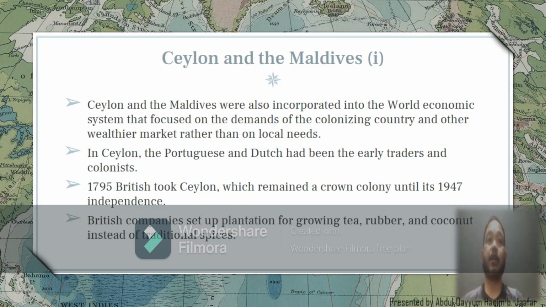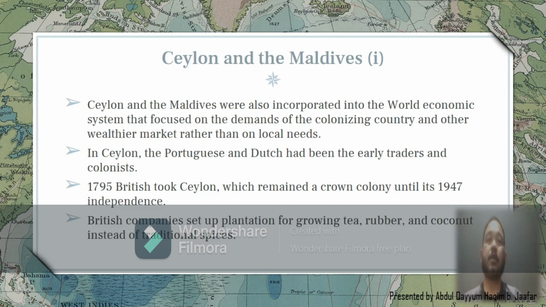Ceylon and Maldives. Okay, the first point is that Ceylon and Maldives were also incorporated into the world economic system that focused on the demands of the colonizing country and other wealthier markets rather than on local needs.